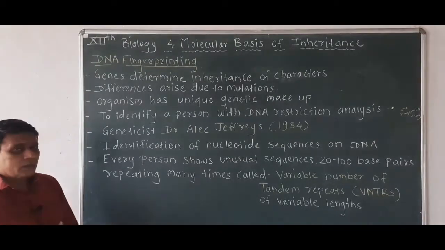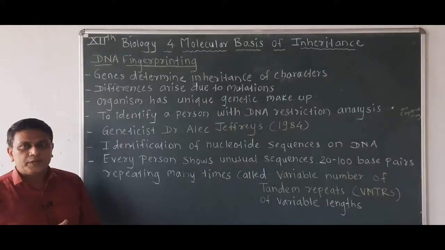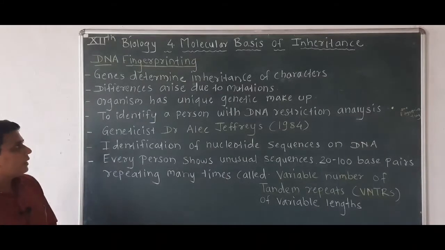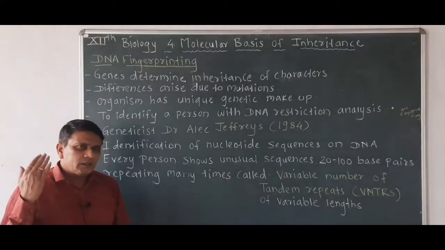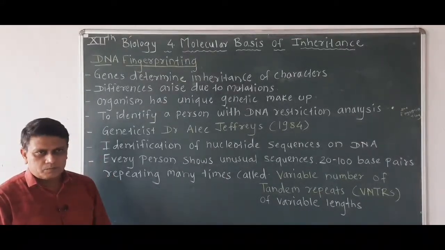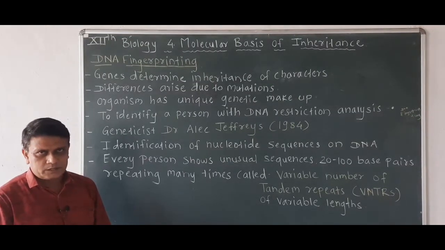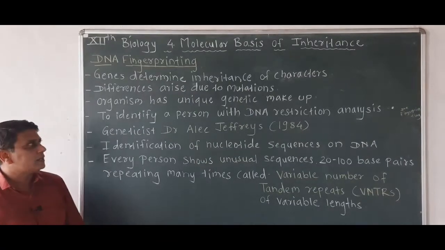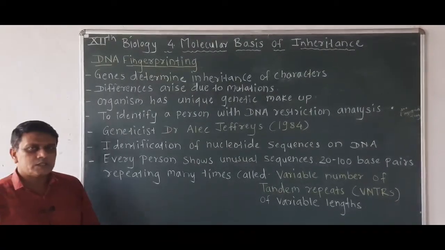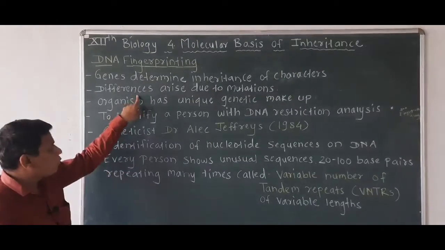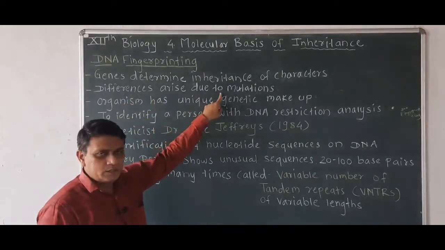Then you know that a gene is a segment of DNA. There is difference between the parents and their offsprings, or there is also difference between the offsprings, and these differences may arise due to mutations.